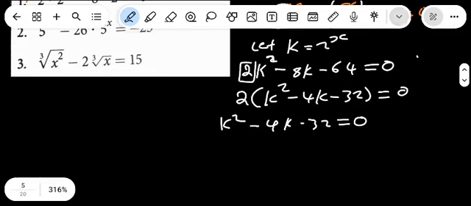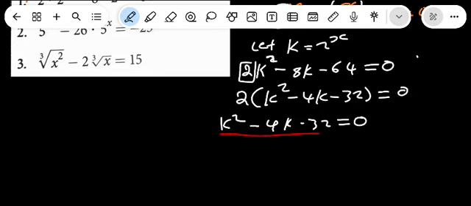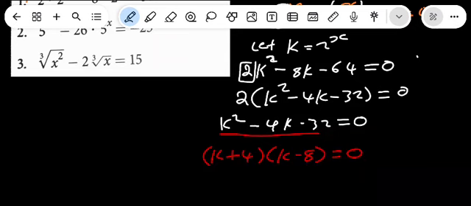For k, we know that this is a quadratic now. So you check the factors there, you multiply by the factors of k. So we'll have k plus 4 times k minus 8 is equal to 0.